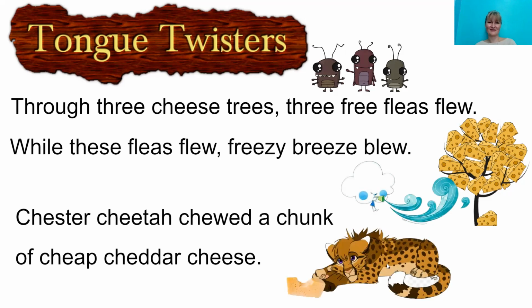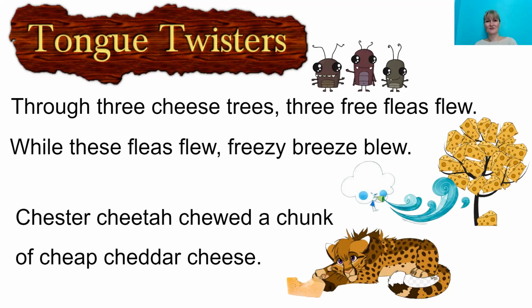И у нас еще есть одна поговорка. Chester Cheetah chewed a chunk of cheap cheddar cheese. Chester Cheetah chewed a chunk of cheap cheddar cheese. All right, so you pause the video and read and practice those again.